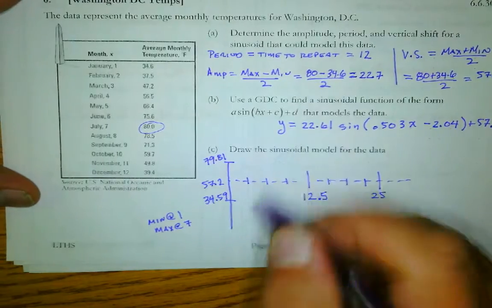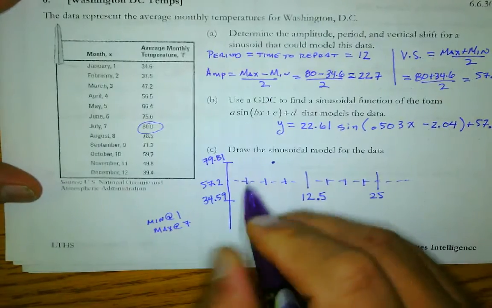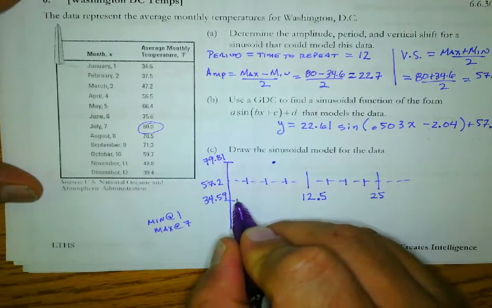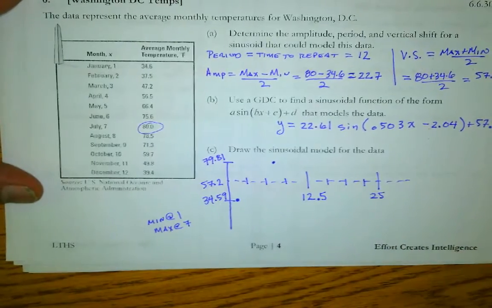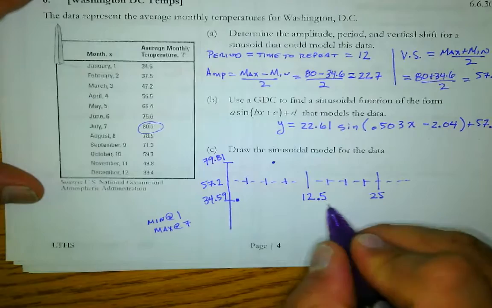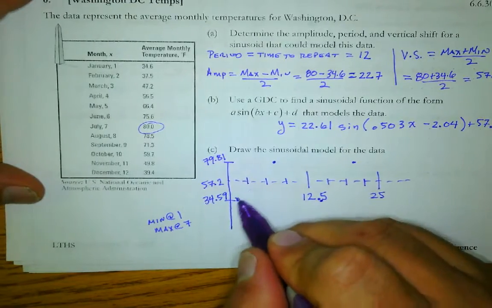So what does that tell us? That our maximum is going to occur a little bit after that. Our minimum is going to occur somewhere over here, okay? And I can check other values, right, to where this process is going to repeat.